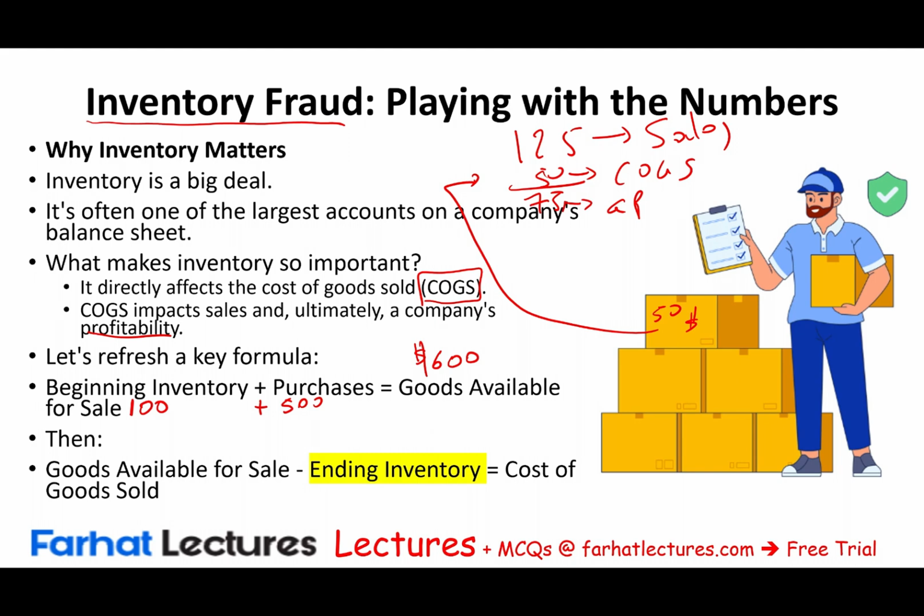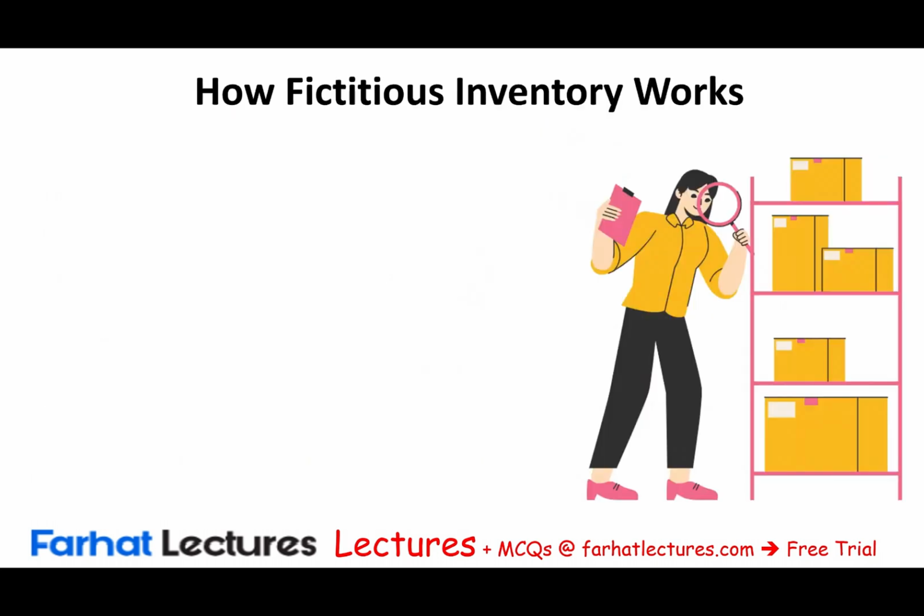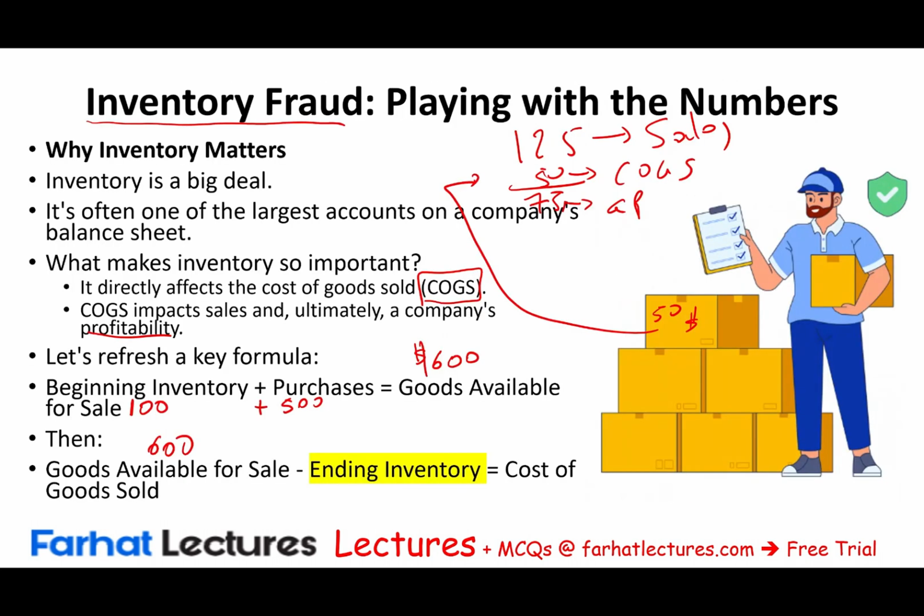Goods available for sale are either sold or left in ending inventory. So we take the 600 and we count inventory. Let's assume what we have left in inventory is $150 in ending inventory. So 600 minus 150 gives us cost of goods sold of $450.